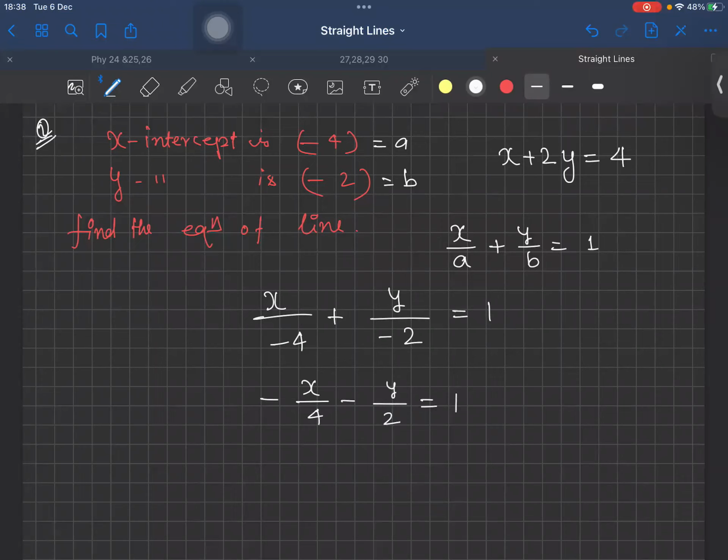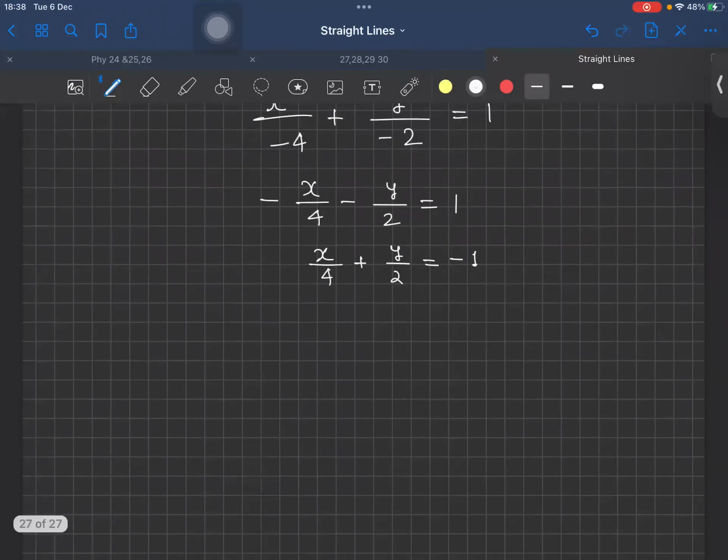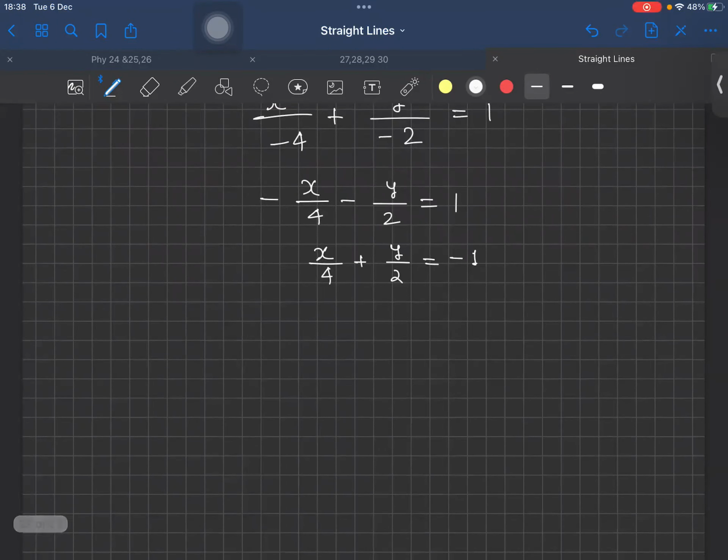You can take the LCM if you want, or if you don't want, you don't need to. Even you can leave it like this. So x upon 4 plus y upon 2 is equal to -1. Whatever you write will be just a different form. x upon 4 plus y upon 2 plus 1 is equal to 0, right?